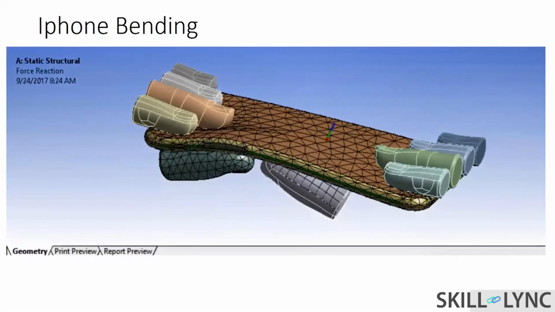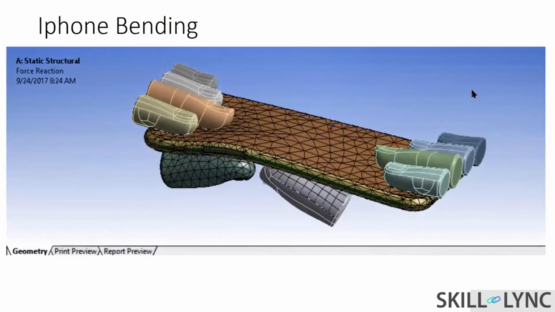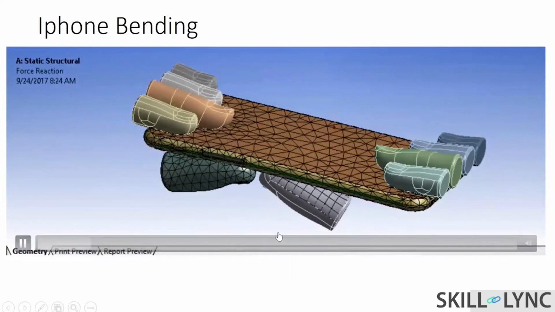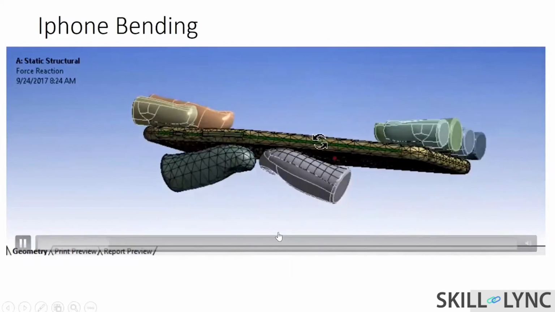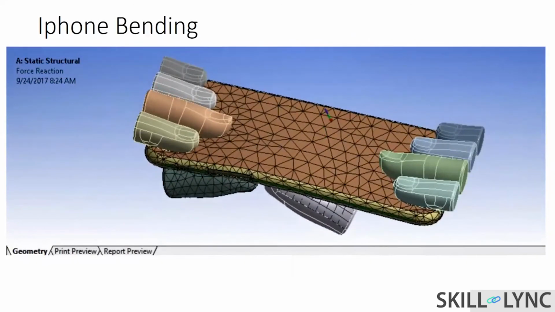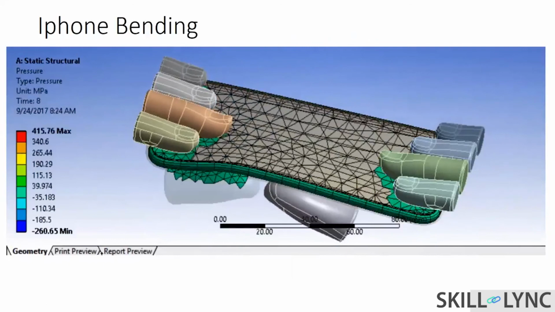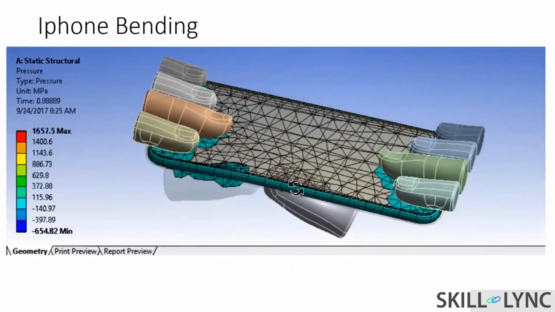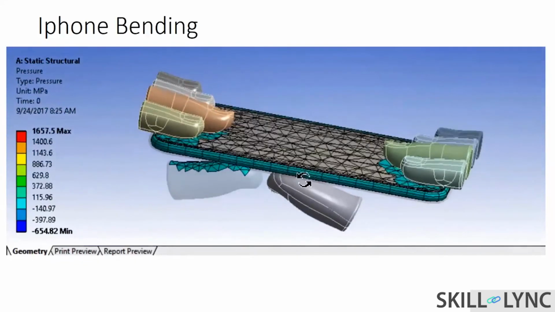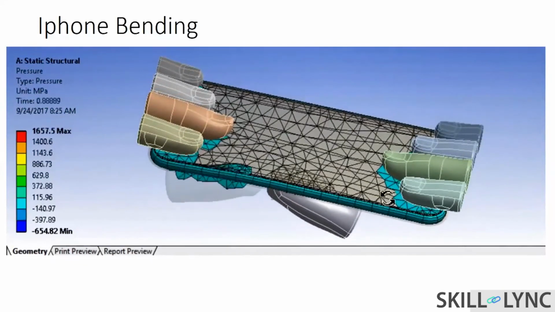In Ansys, what we would actually do is take some real world example. Here you see an iPhone bending. What we're trying to simulate here is holding the iPhone and giving some load to it. Again, you can see the values are different. You see a proper deformation going on.